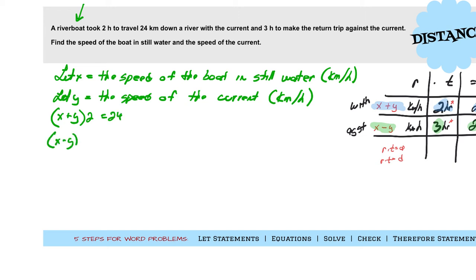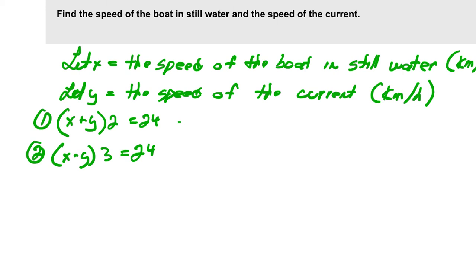X minus y times 3 equals 24. And you can set this up the other way. I typically would actually do it 2 times x plus y equals 24 and 3... But really this is potato. Depends on how your brain works and how you like to set things up.